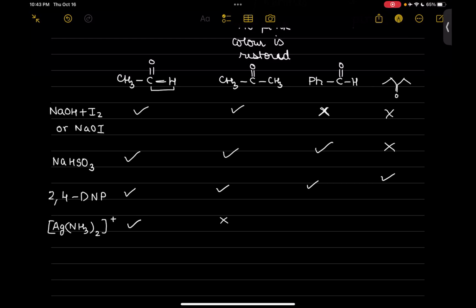You need to have H connected to CO. Benzaldehyde, will it give? Yes, it is an aldehyde, so it will give. What about this one? This is the ketone, this will not give.